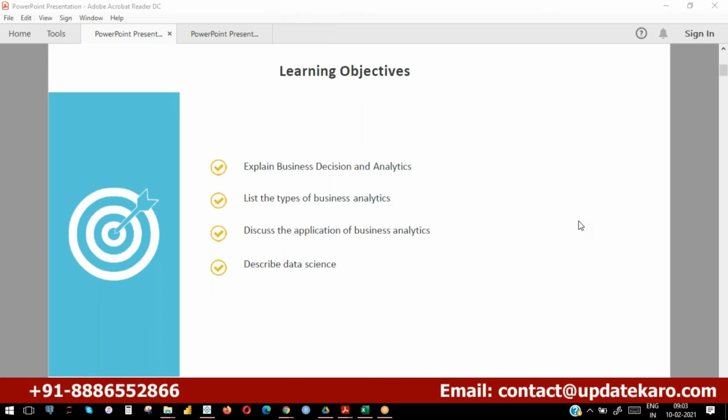Okay. So business analytics basically focuses on developing the business, to increase the revenues, to reduce the expenditure, and to increase customer satisfaction. Right?